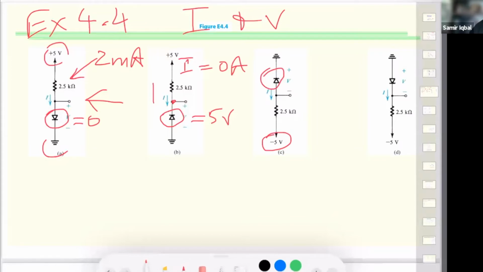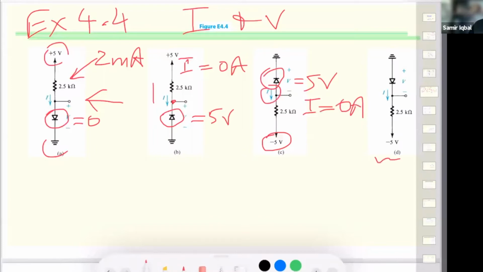So the voltage here will be 5 volt. But the current will be 0 amps, because the current has to flow towards ground. So this current is 0.